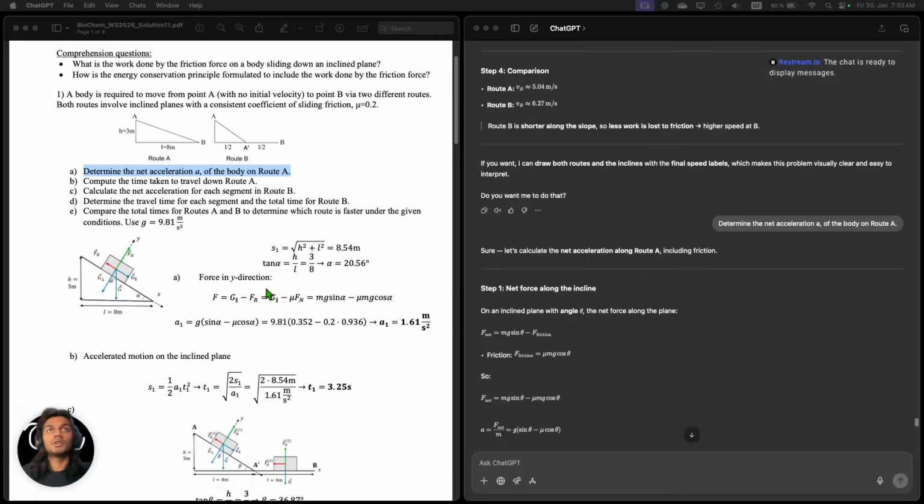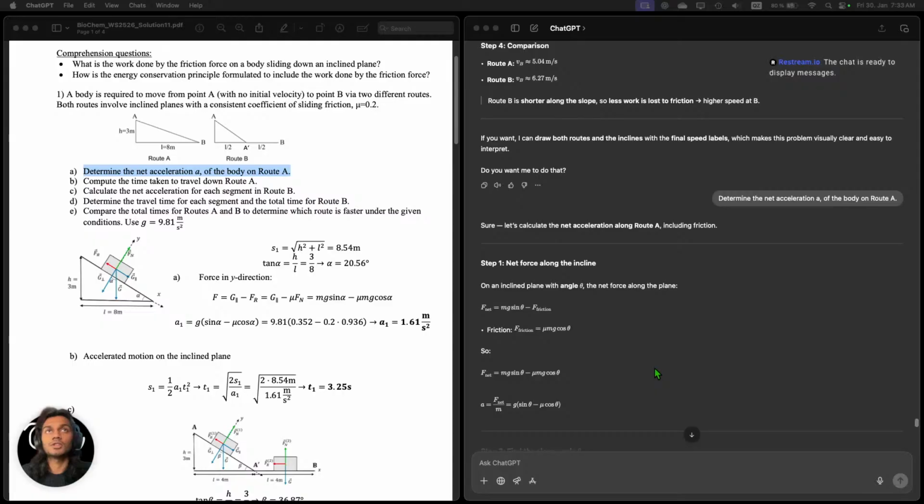On an inclined plane with angle theta, the net force along the plane, F net, equals mg sine theta minus friction. F friction equals coefficient times mass g cos theta.